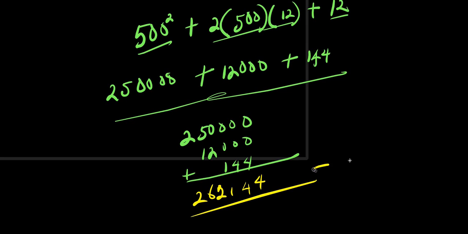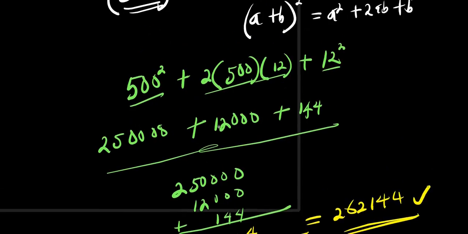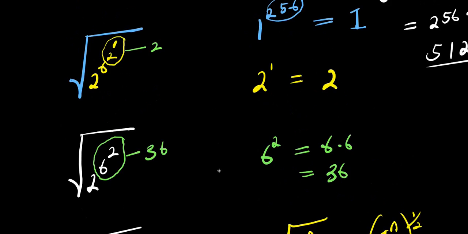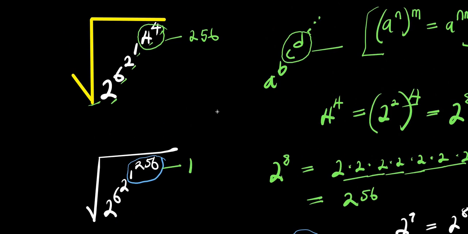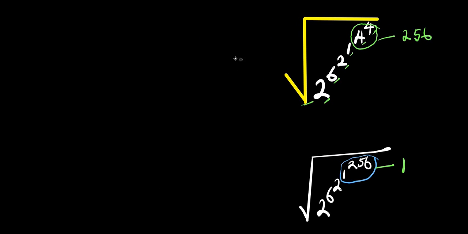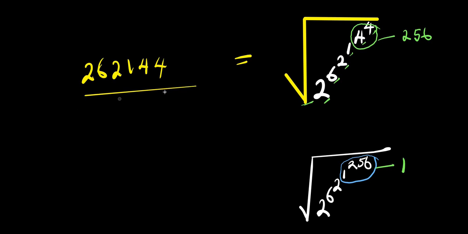So this is 262,144. So that becomes our answer without a calculator. So if you also observe, it seems this is very interesting because our answer here is 262,144, which is the same thing as 262,144. Have you seen it?